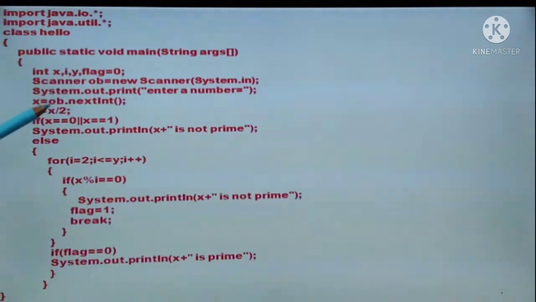I will explain the functionality of this flag. Now the next line which I have written is that I have taken an object of Scanner class. As you all know, in order to take the entry at runtime, you need this Scanner class. So you have to declare an object of Scanner class.